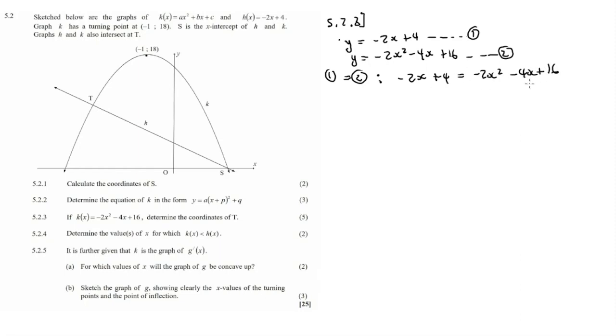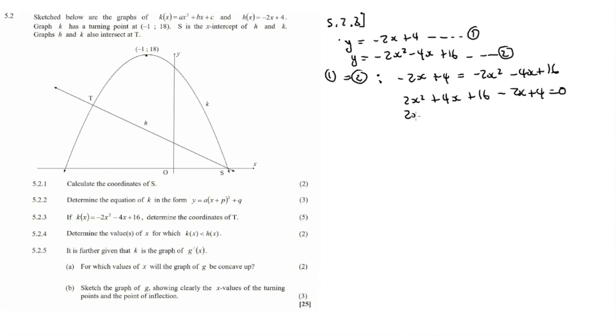I will take everything from the right hand side and bring it to the left hand side, because this is a parabolic equation. Because there is x squared here, I get 2x squared plus 4x minus 16 minus 2x plus 4 is equal to 0.